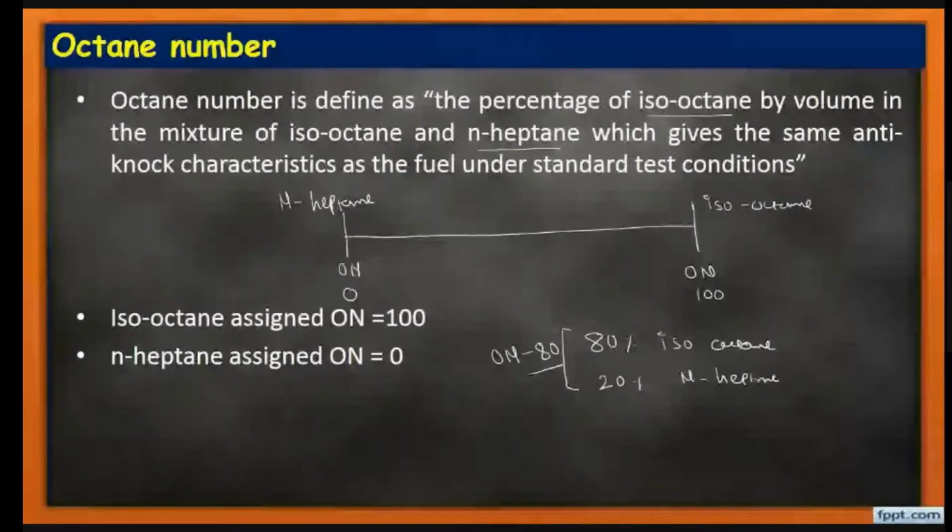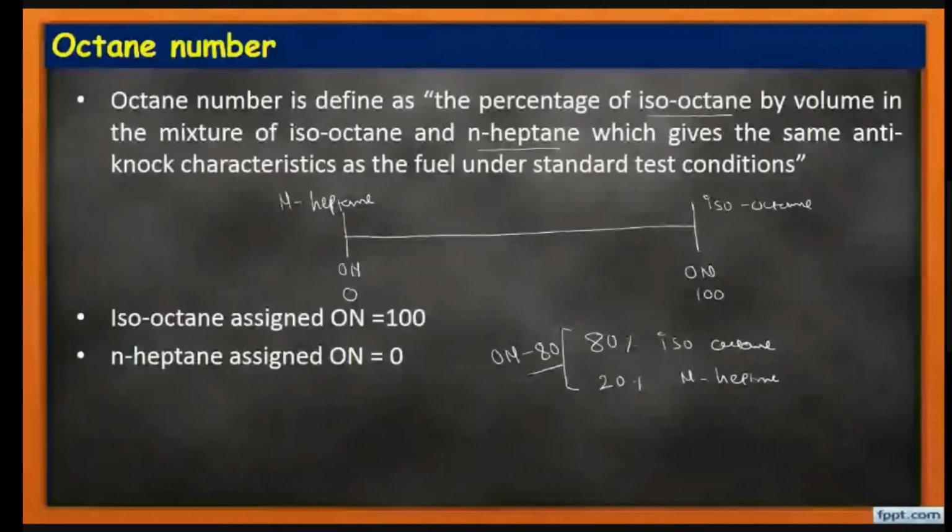Octane number is defined as the percentage of isooctane by volume in a mixture of isooctane and n-heptane, which gives the same anti-knock characteristics as the fuel under standard testing conditions. We know that isooctane is assigned an octane number of 100, and n-heptane is assigned an octane number of 0.